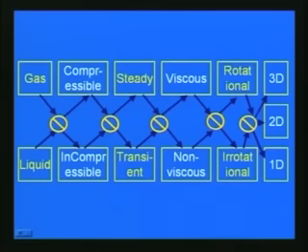Since the fluid is deforming with respect to space and time, if with respect to time there is no variation at all, then the fluid flow is said to be steady. That means with respect to time there is no variation of the fluid properties.